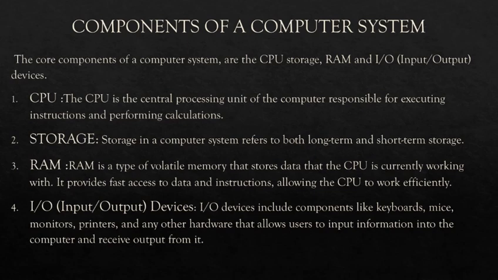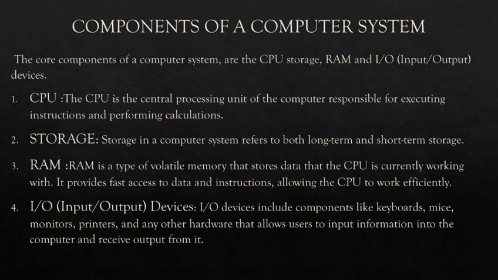Short-term storage includes RAM, which is used for temporarily storing data that the CPU is actively using. The RAM is a type of volatile memory, meaning that it stores data that the CPU is currently working with. It provides fast access to the data and instructions, allowing the CPU to work efficiently.